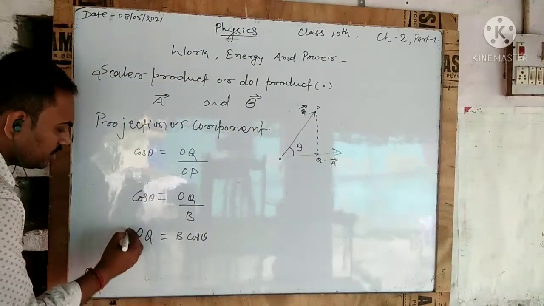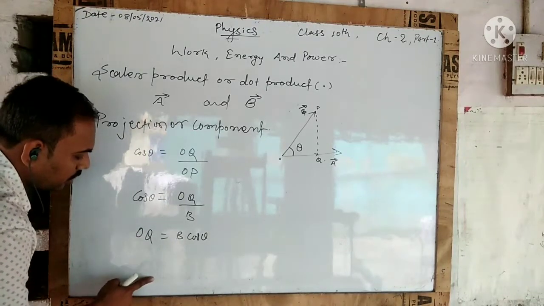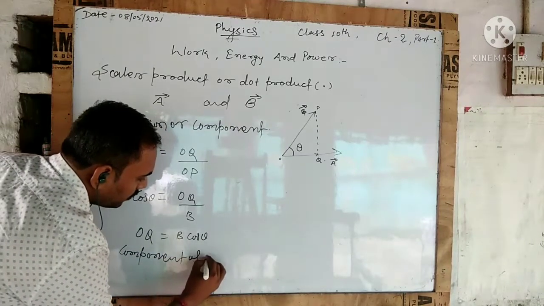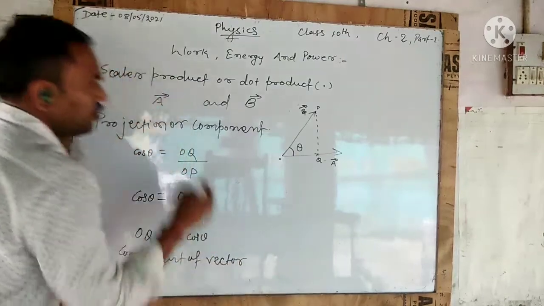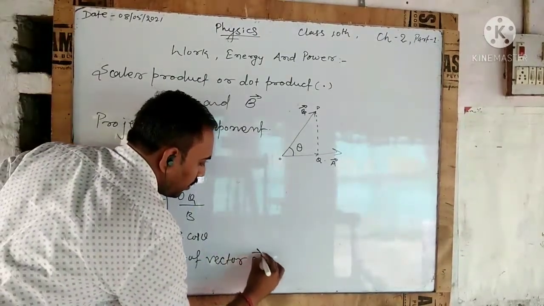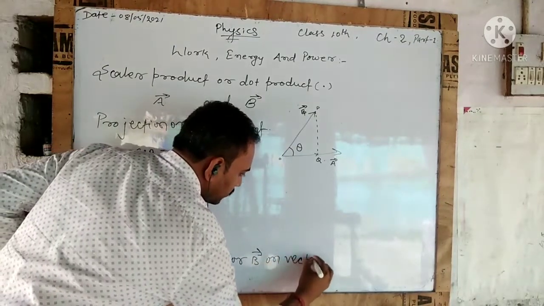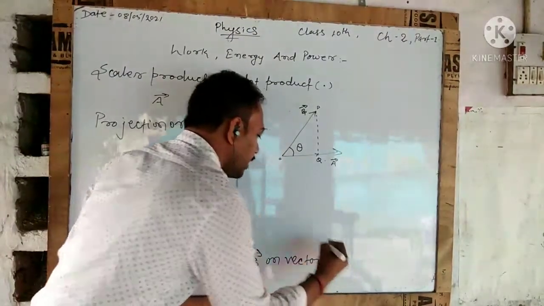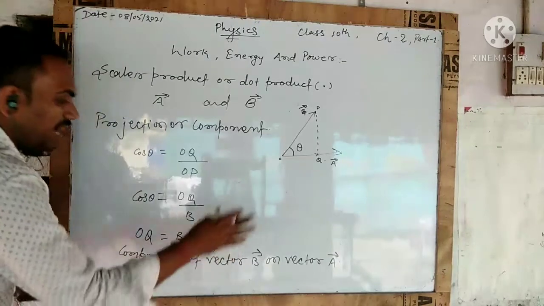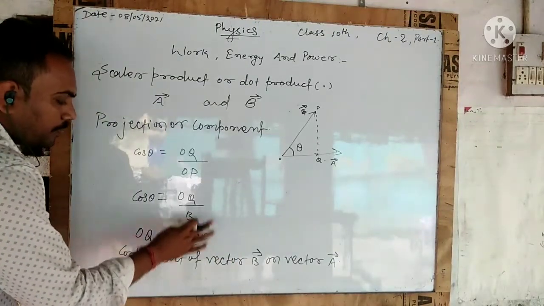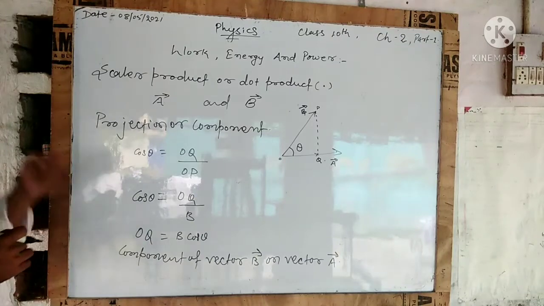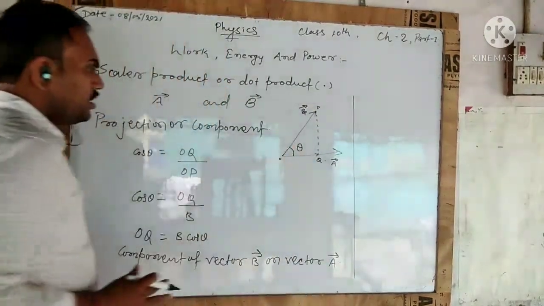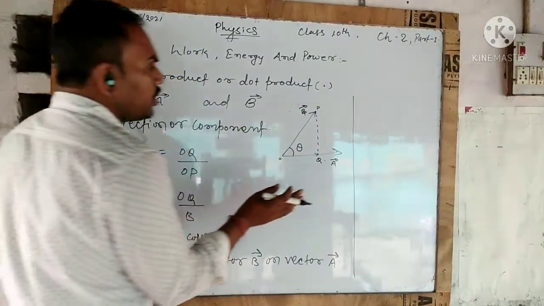OQ is called the component of vector B on vector A. Its magnitude will be B cos theta.